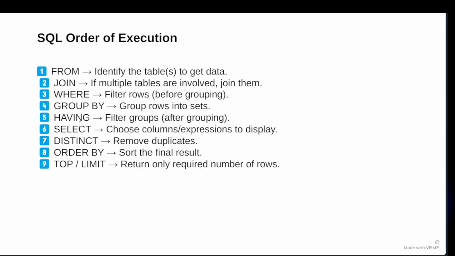And after the HAVING clause, the SELECT clause will execute to select the columns and expressions to display in our result. After the SELECT clause, the DISTINCT clause will execute to remove the duplicates. After the DISTINCT clause, the ORDER BY clause will execute to sort the data in ascending or descending order. And lastly, the TOP and LIMIT clause will execute to return only the required number of rows in our result set. So this is how the actual SQL query execution takes place.